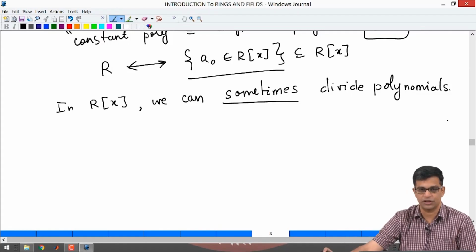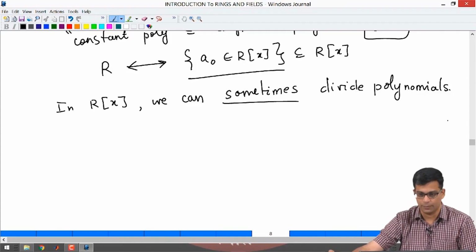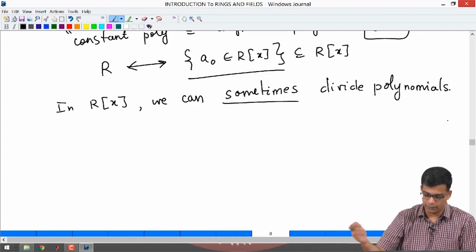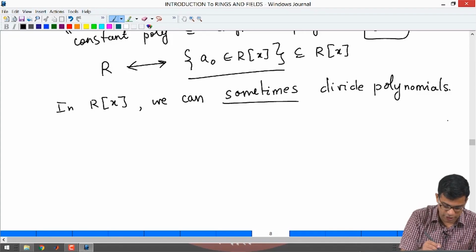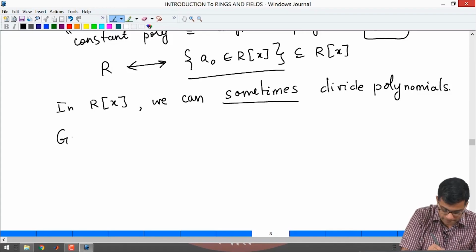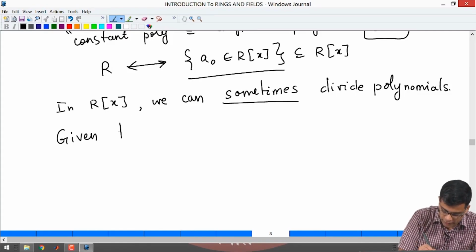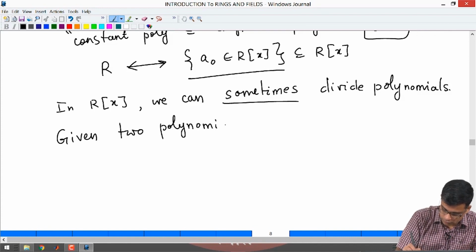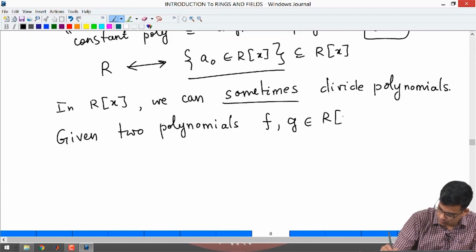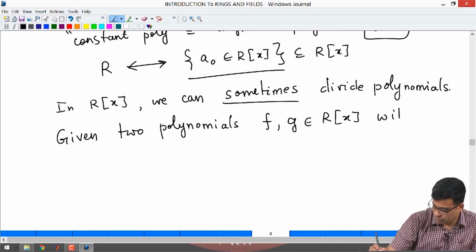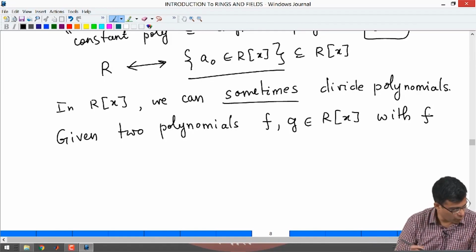This is the usual division of numbers, it is the same procedure that you all know very well. So, the statement is given, R is an arbitrary ring, R[x] is the polynomial ring over it. So, given two polynomials f and g in R[x] with f, let us say, a monic polynomial.